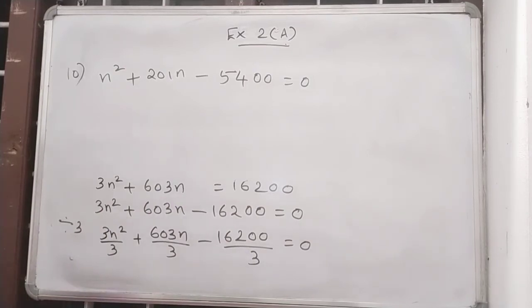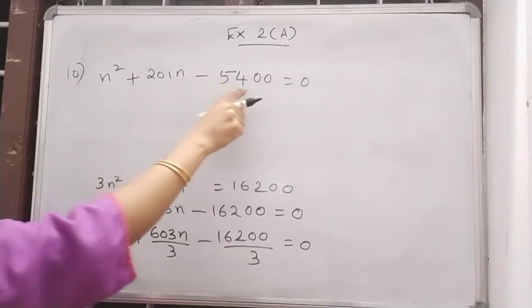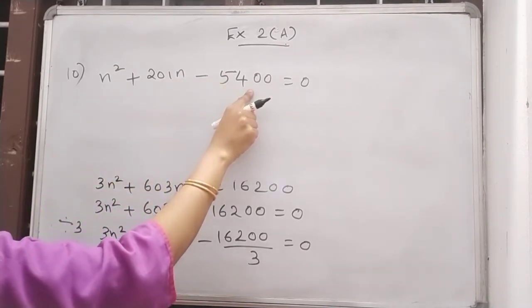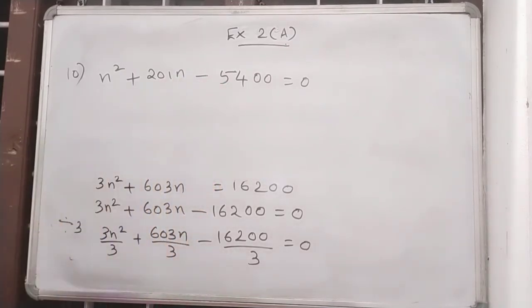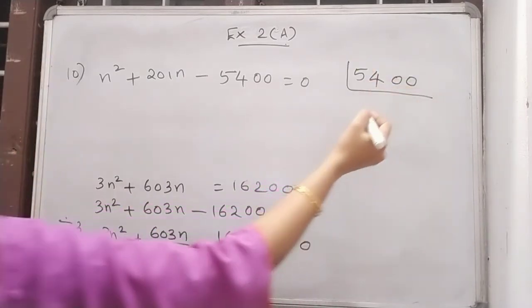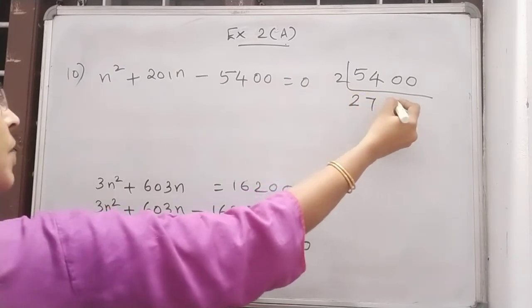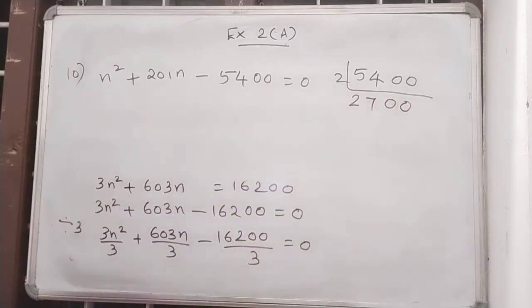So we want numbers that, if we multiply, give 5400, and if we add or subtract, give 201. So which are the two numbers? Factorize 5400. Divided by 2 is possible: 2 2s are 4, 2700.